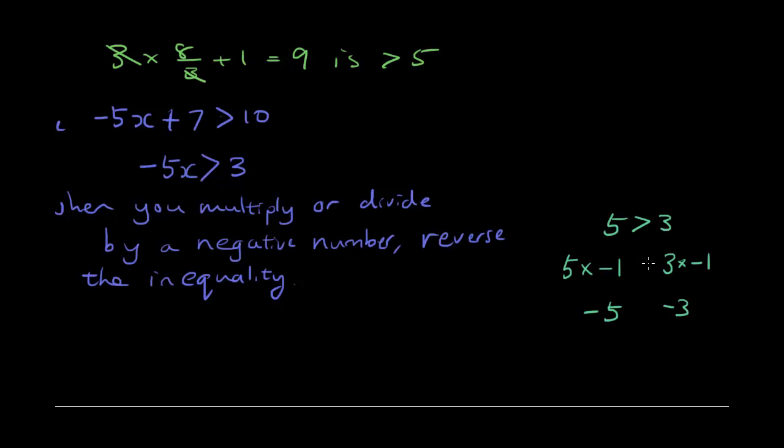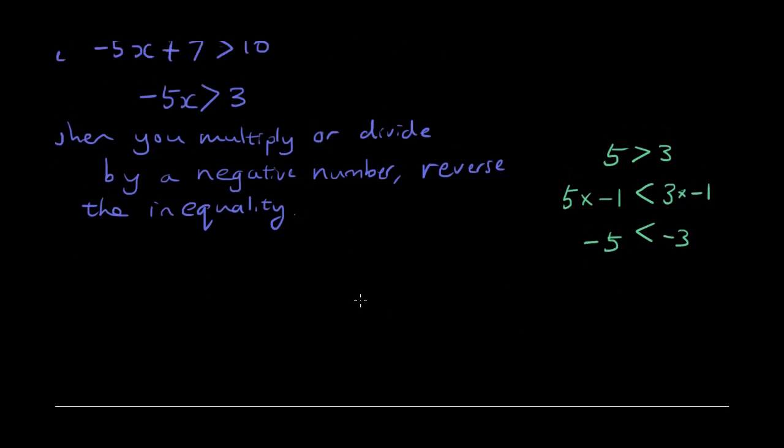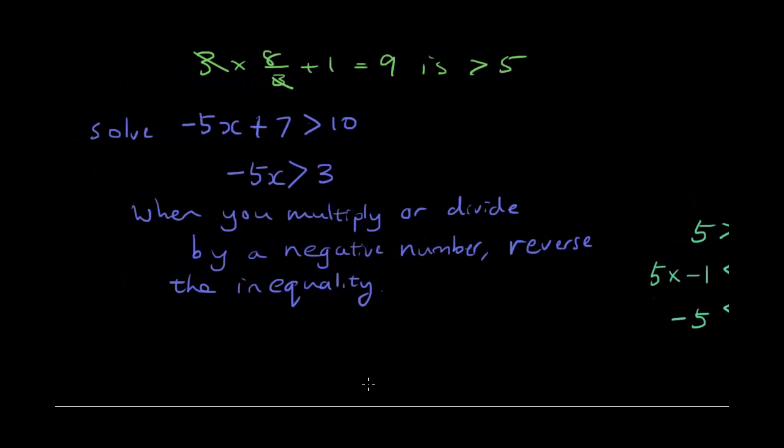If you try to maintain this sign, -5 is not bigger than -3, so therefore you have to reverse the sign when you multiply both sides by a negative number.